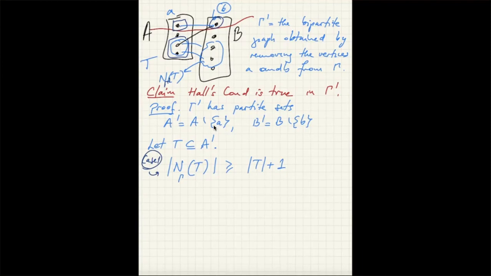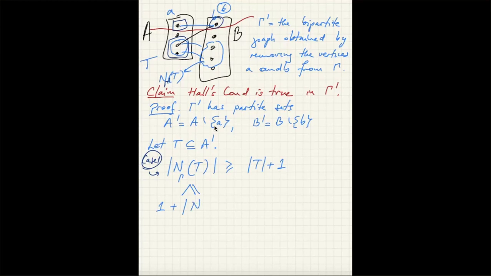Now the neighborhood of T in gamma, this is at most how much? Well, you could have edges from T to the vertex B, and that could be at most 1 there, plus all the other neighbors of T in gamma are the same as the neighbors of T in gamma prime.